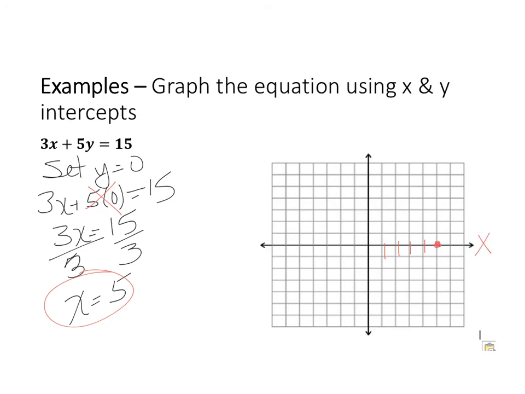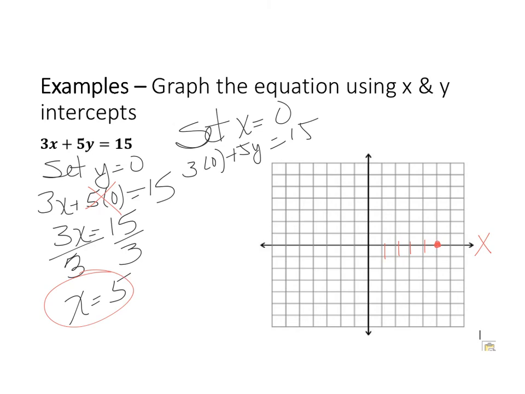Alright, now let's see if I have enough room here. I'm going to get the y-intercept. If you remember from that definition on the previous page, for the y-intercept, x is equal to 0. So to find the y-intercept, I set x equal to 0. So I get 3 times 0 plus 5y equals 15.